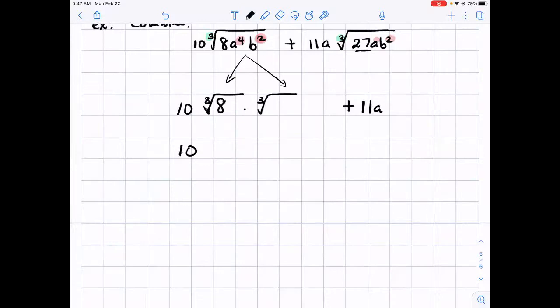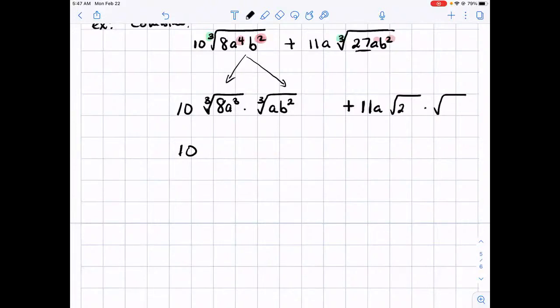So 8, we know the cube root of 8, so we don't have to simplify the number. However, a to the 4th, so we have a cube times a to the 1. And since the b power is 2, that cannot be simplified because it's less than the index. Same thing we'll do over here. We need cube root of 27.